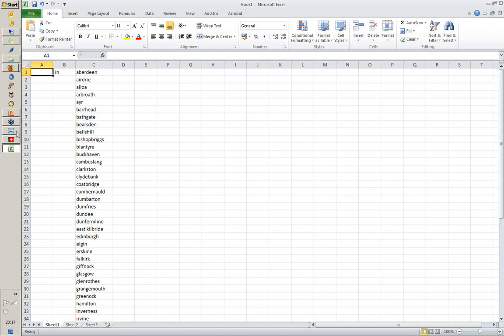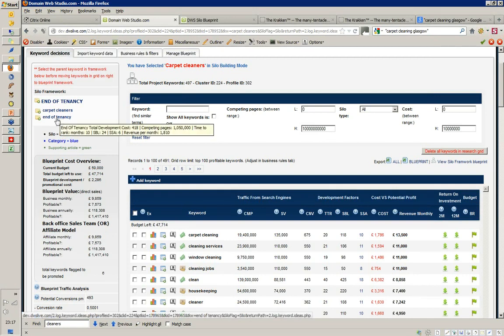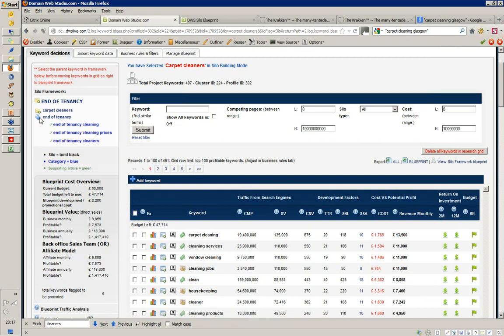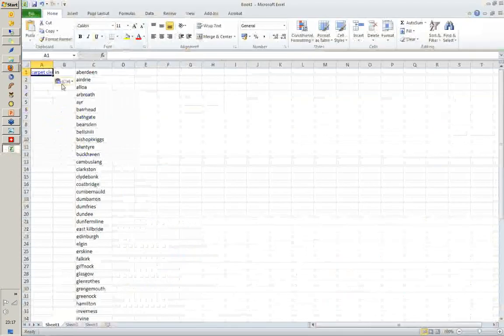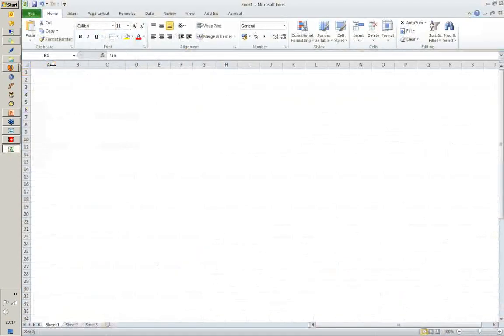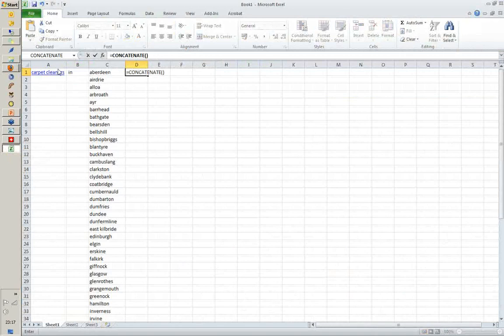Then I want to copy the keyword from DWS and get these drilled out. The keyword I want to do is professional carpet cleaners. I'm going to do carpet cleaners in, and I'm just going to say that's equal to the concatenation.